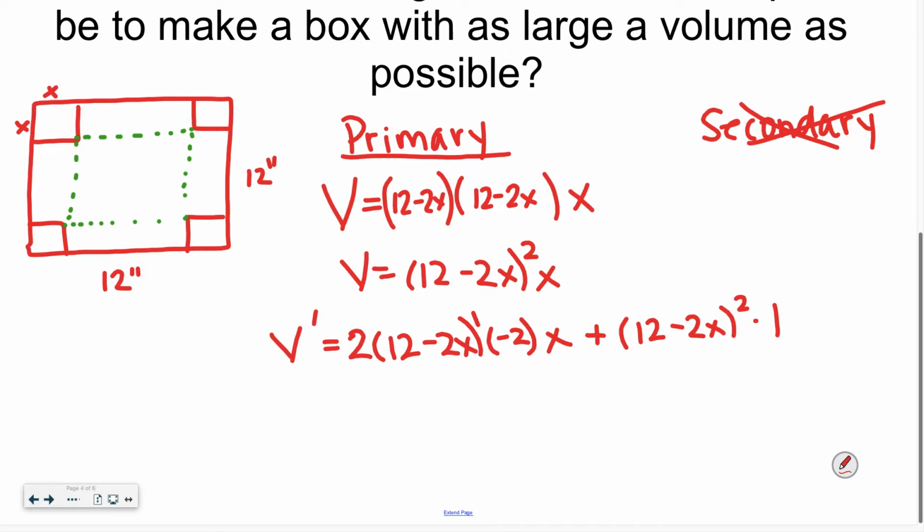Okay, well, we have our derivative. Ooh, I skipped something. Can we take a pause and go back? I get so excited about taking the derivative. We didn't talk about the domain.